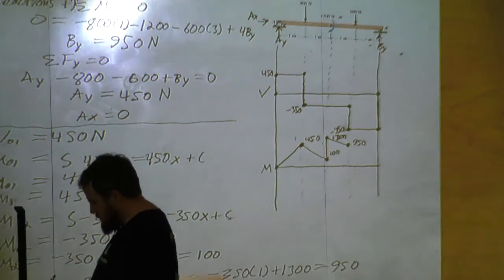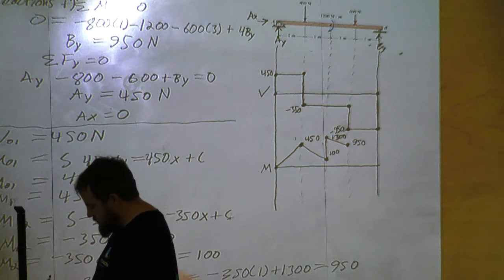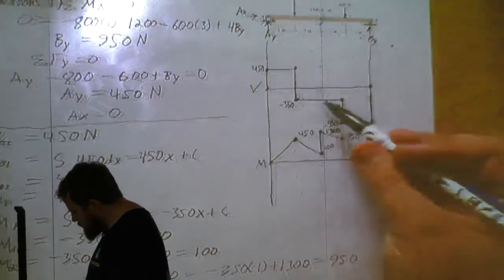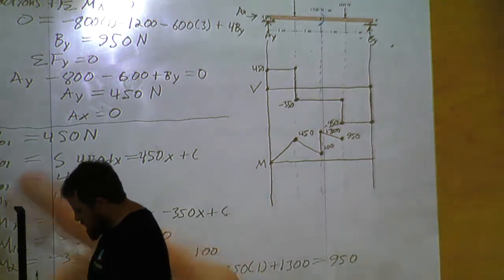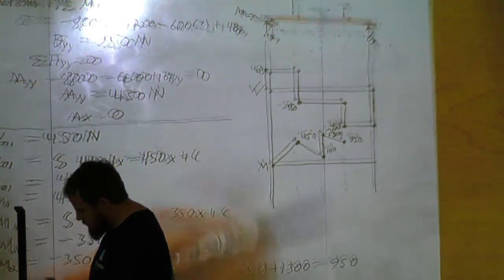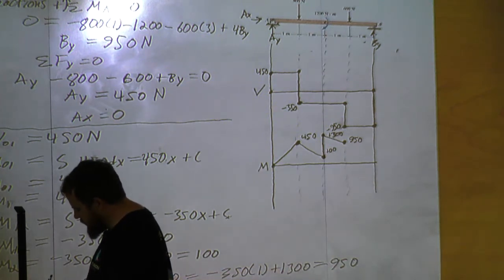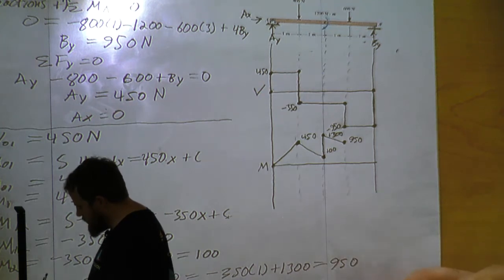And then our last equation, moment from 3 to 4 is going to be the integral negative 950 dx is negative 950 x plus c. And in this case, that c is 950.